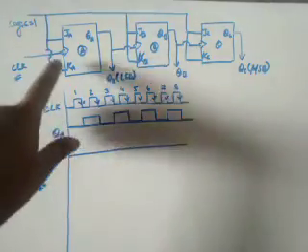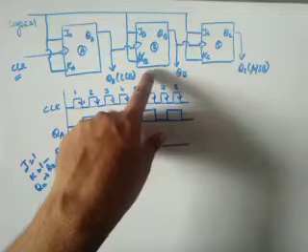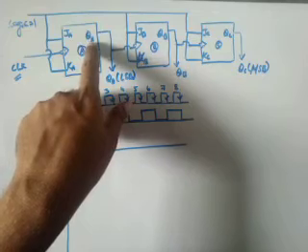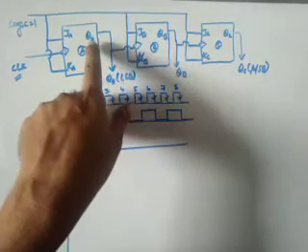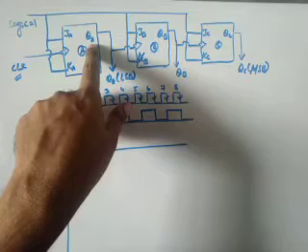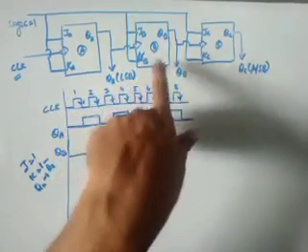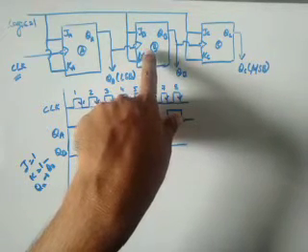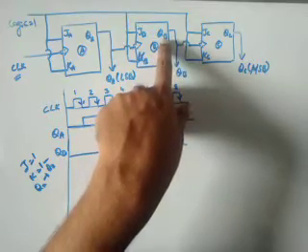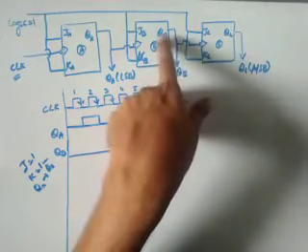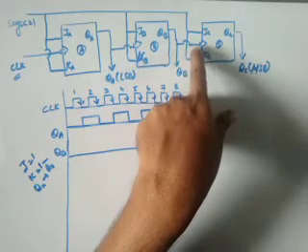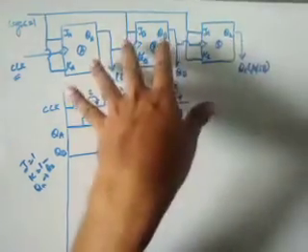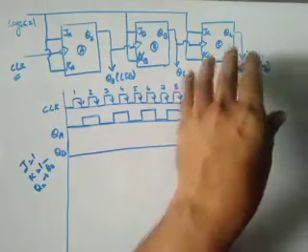Please don't think like that, because unless we give a clock pulse to this input, it will not work; the input has to come from this output. Unless we have the output at QA, you will not get the clock input for B. Unless you get the clock input for the B flip flop, you will not get output at QB. If you don't get the QB output, the clock pulse will not be available for the next stage, so QC will also not be available. Therefore there is some time lag, but not much.